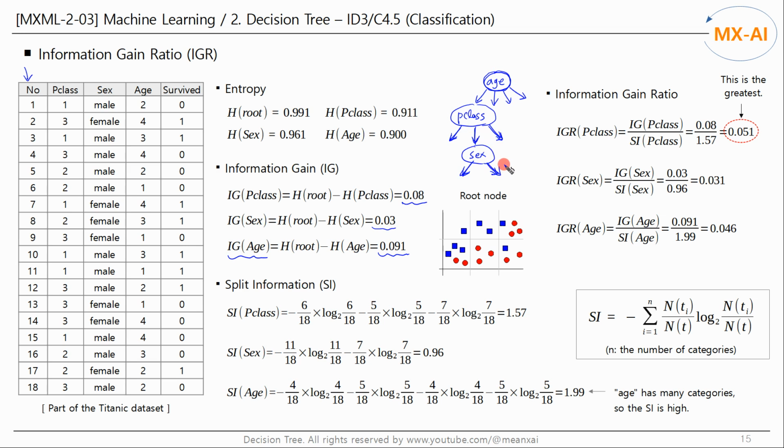But there is one problem here. The more categories a feature has, the larger its IG tends to be. In this dataset, P-class has 3 categories. Sex has 2 and age has 4 categories.